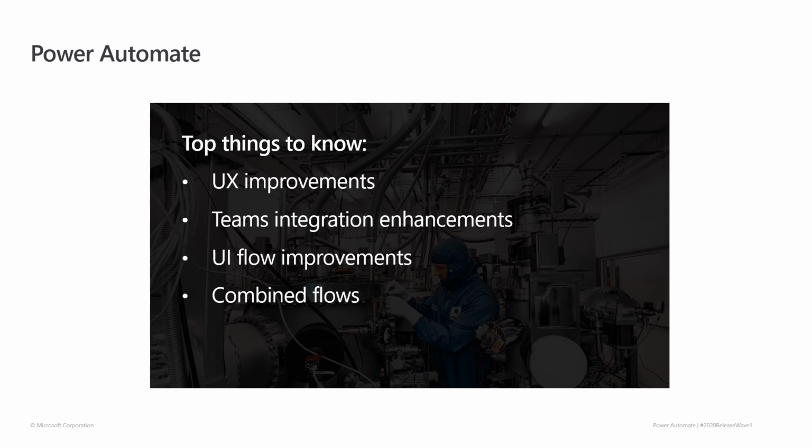And you know how to try out our Power Automate experimental features. You've also seen the new Teams integration enhancements, including triggering flows directly from Teams messages, and UI flow improvements that help you automate applications that don't have APIs. And finally, how to combine business process flows with instant flows to automate more complex business processes.